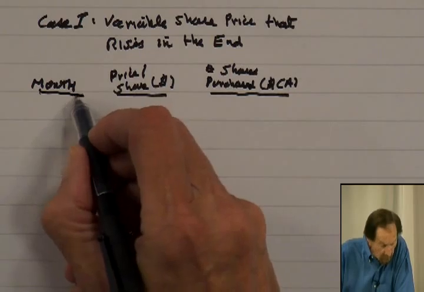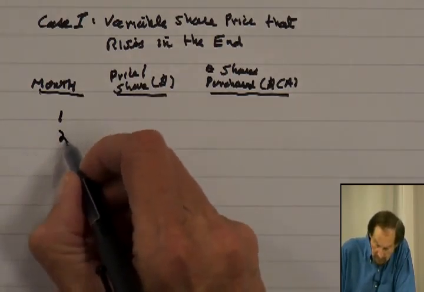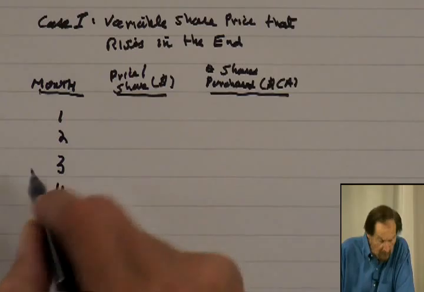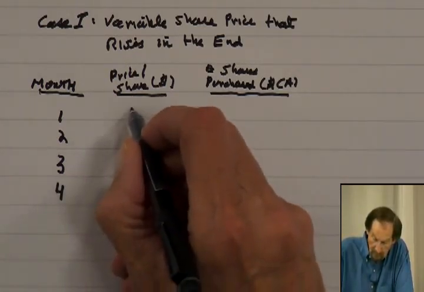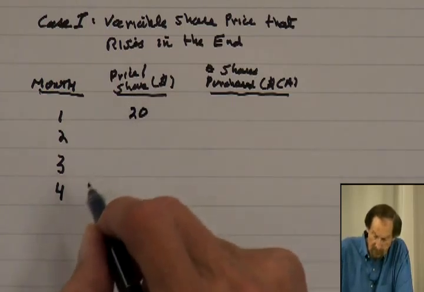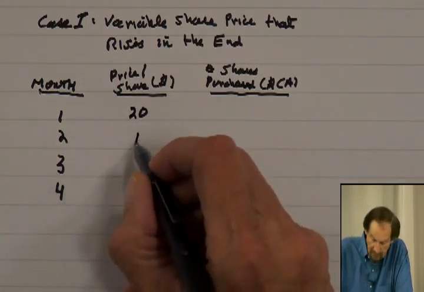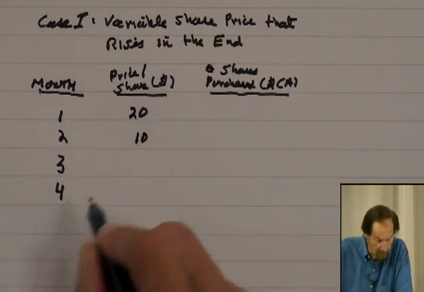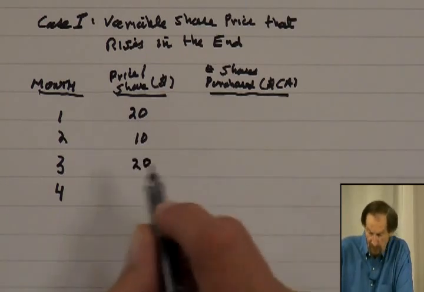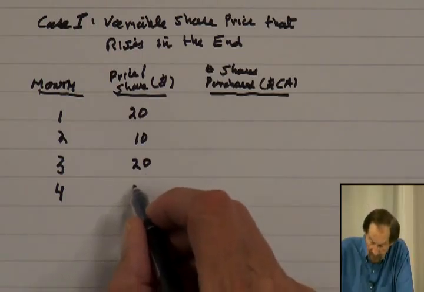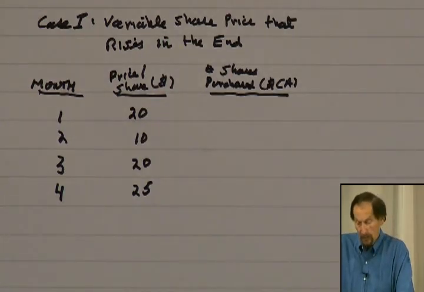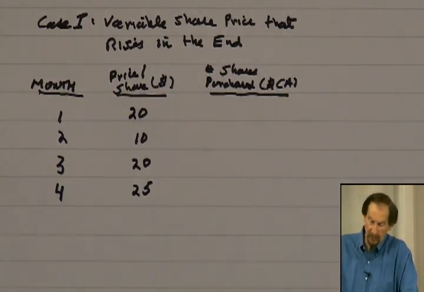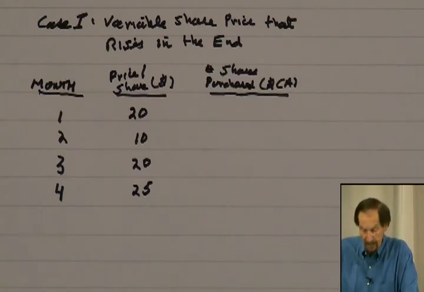So we have 4 months, 1, 2, 3, 4. The price per share would be $20 per share in the first month, $10 a share in the second month, $20 a share in the third month, and then $25 a share in the fourth month. So the price varies each monthly period, and it rises in the end.